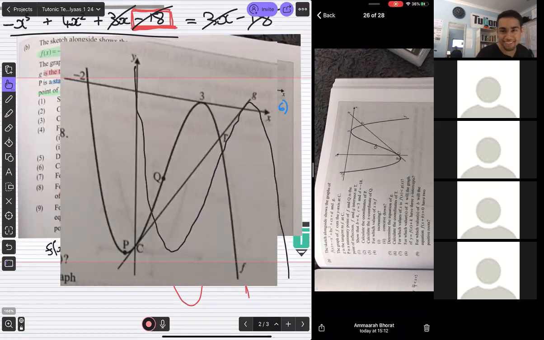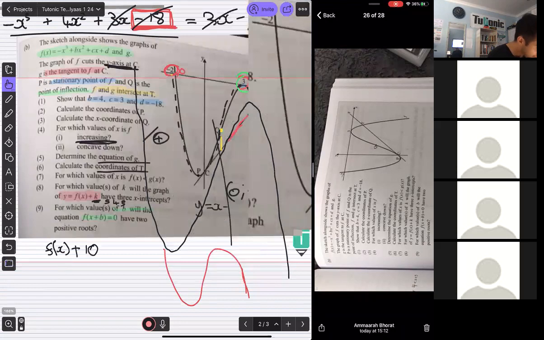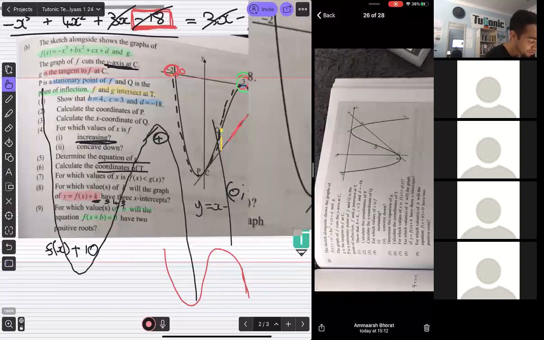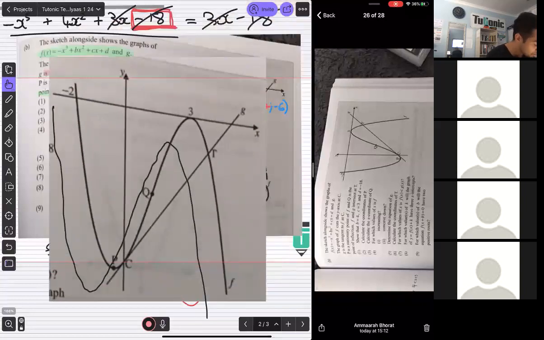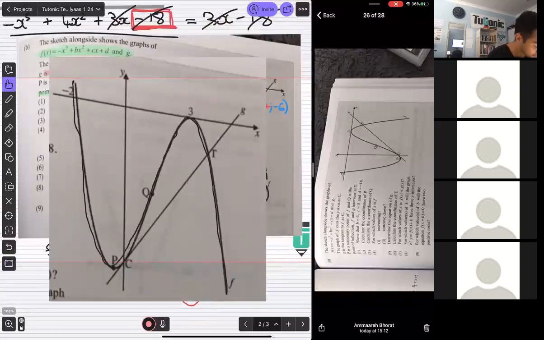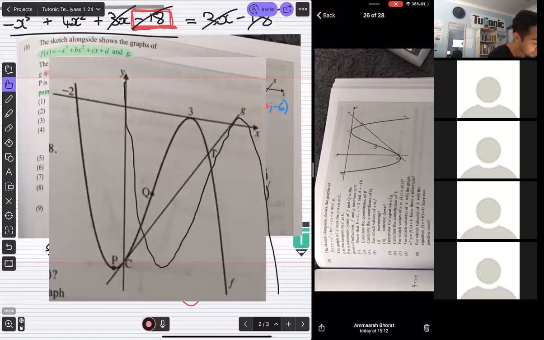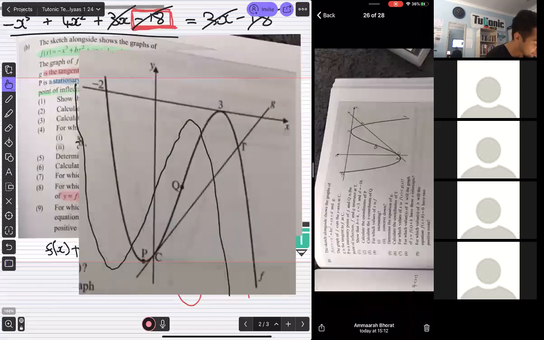Do you see how easy it is? It didn't seem easy. But when you give students this question, for which values of b will the equation f of x plus b equals 0 have 2 positive roots, it sounds so horrible. But all they mean is that I'm shifting this graph left and right. I want two positive roots. But you have to be very careful now.